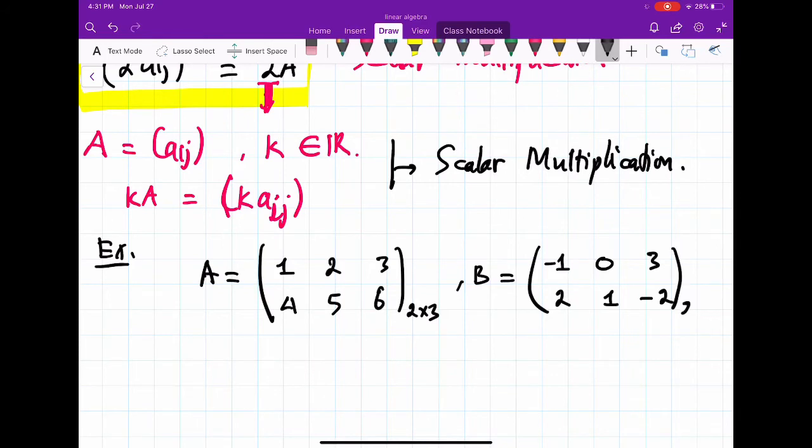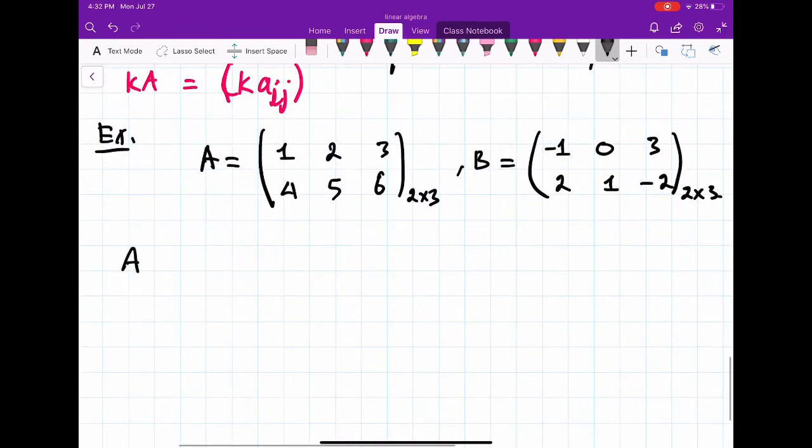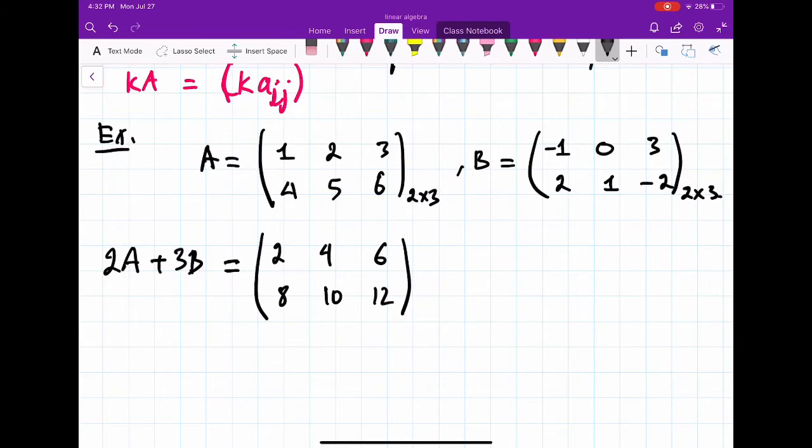Okay, this is also 2 by 3. So you can add or subtract, right? Let's compute 2A plus 3B. So what is 2A? 2A is 2, 4, 6, right? 8, 10, and 12. I just multiply each entry in here by 2, you see? And then plus 3B. What is 3B?